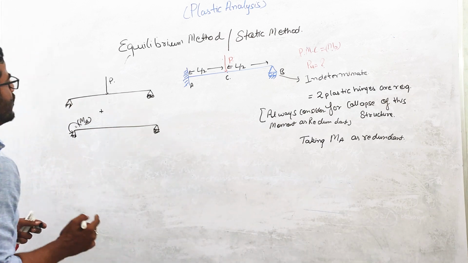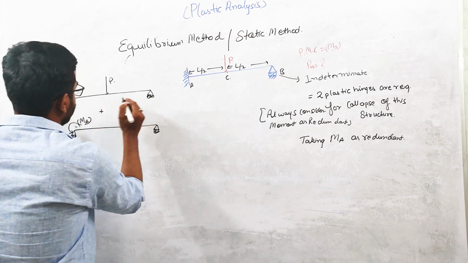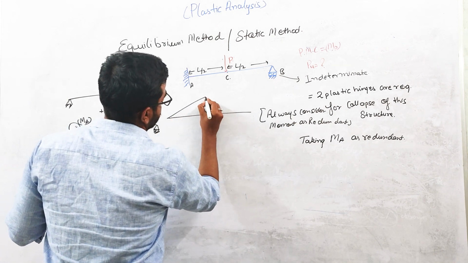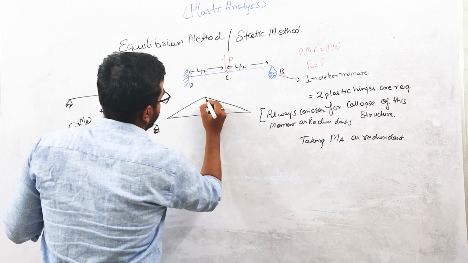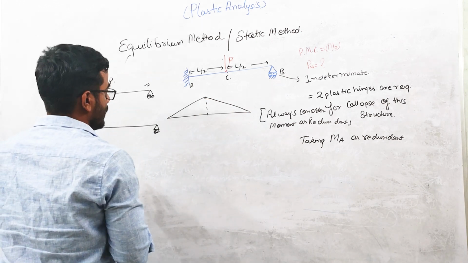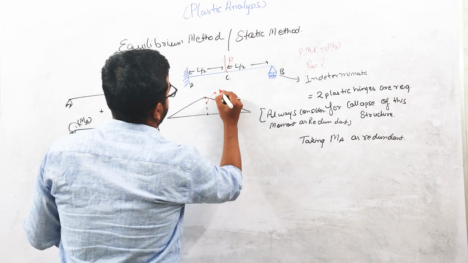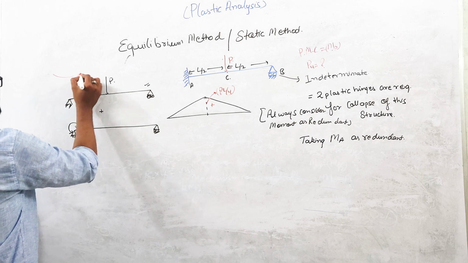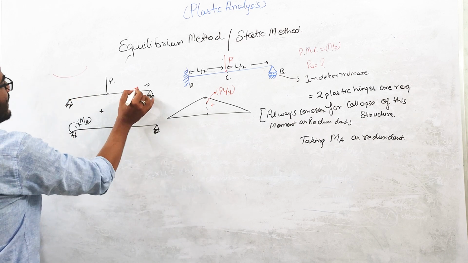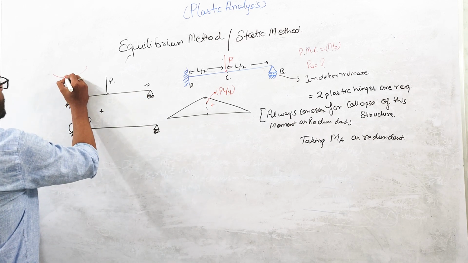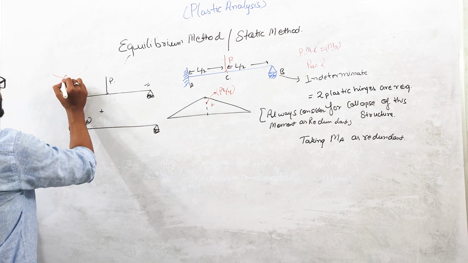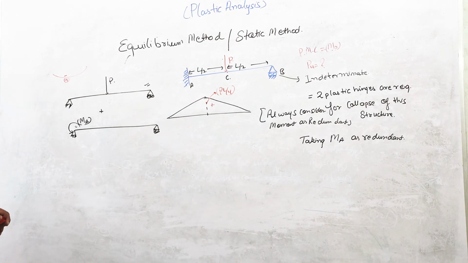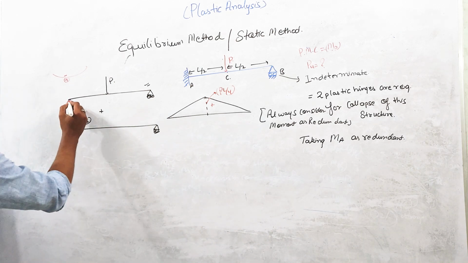If you draw the free bending moment diagram for this case, it will look like this, and the maximum ordinate at the center is PL by 4. I am considering this as positive. This is basically sagging, so the upper side is in compression but the downward side is in tension. So this is a positive bending moment diagram. The deflection will look like this.